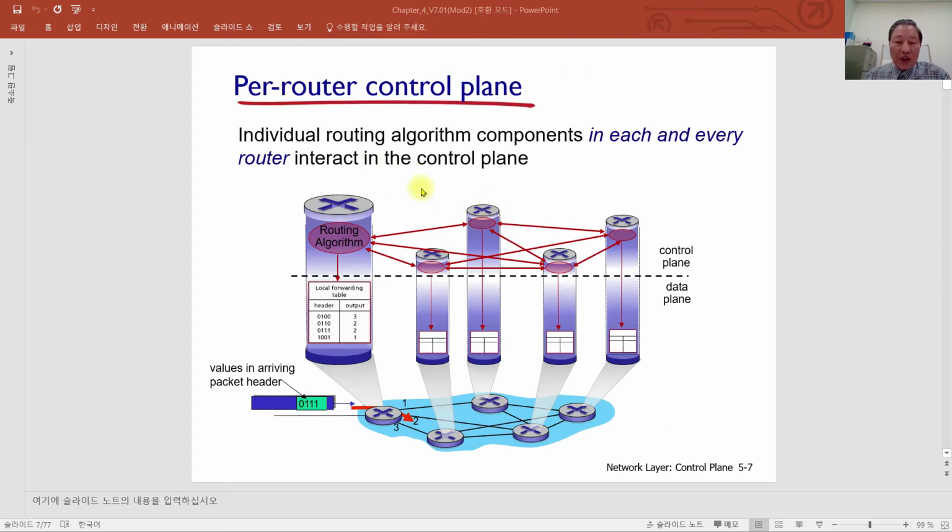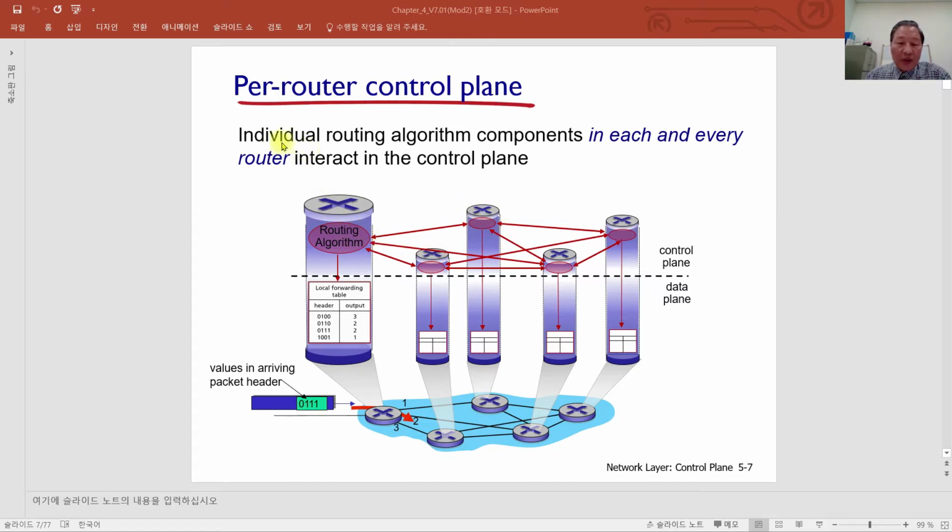This one is traditional router and per router control plane. Each router has that functionality, routing algorithm and some local forwarding table, and to get the proper route, the routing algorithms are using other information from other routers, and that is called the routing information protocol, and they are exchanging.